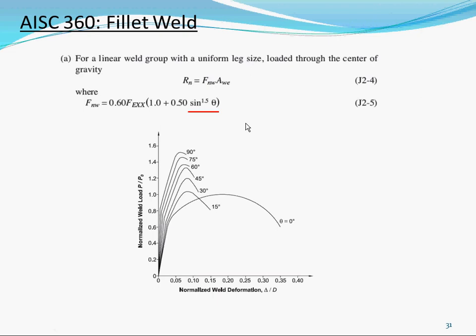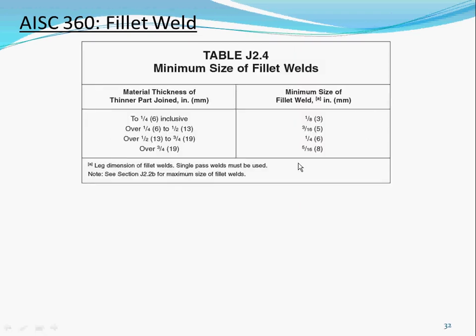Typically, if you do it this way, it's 0. Sometimes you could load it this way, or this way, that's where the angle starts to switch. So you actually get higher capacity for pulling this way, which is 90 degrees, and this shear is 0 degrees.